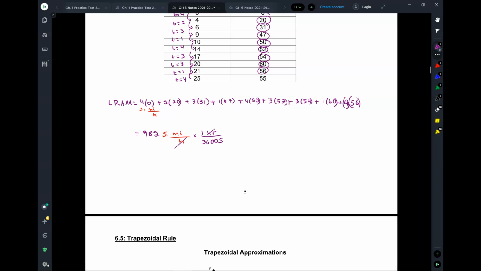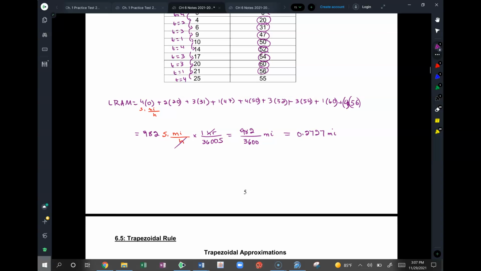So this is 982 over 3,600 miles. That is 0.2727 miles.